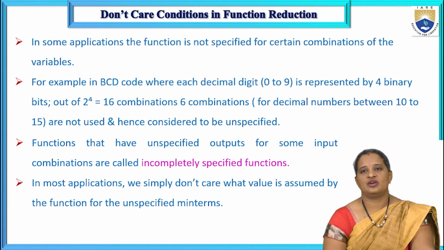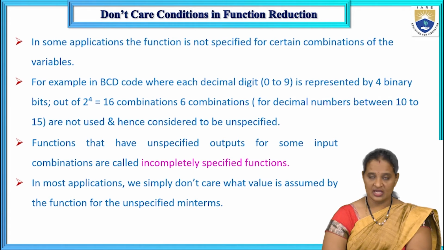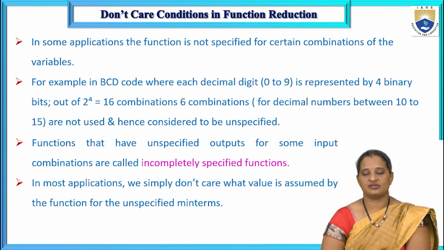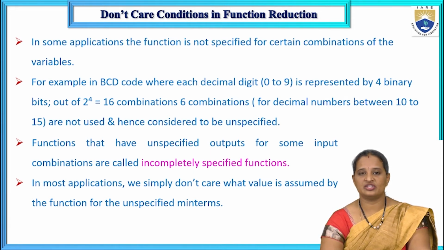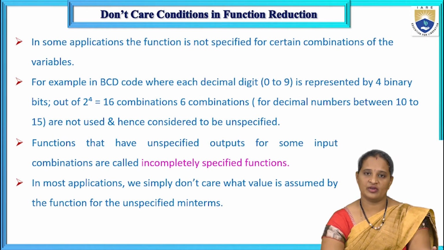Now let us see don't care conditions. What is the significance of don't care conditions in simplifying the Boolean function? So first of all, what do you mean by don't care conditions? In some applications, the function is not specified for certain combinations of input variables. For example, BCD code. What is a BCD code?